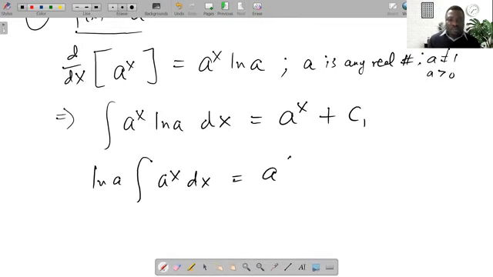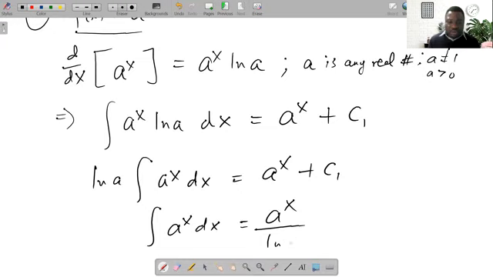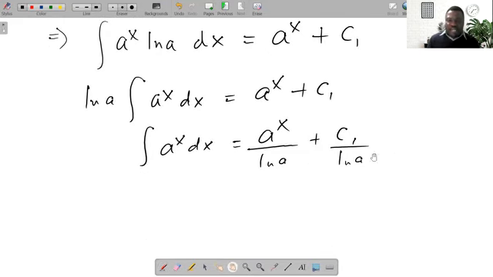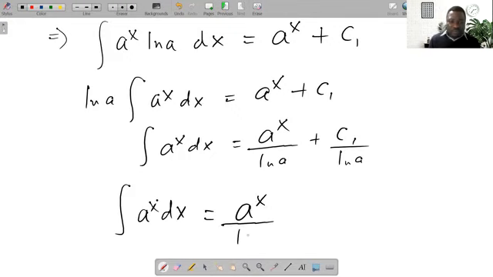And that gets to divide each side. So if I isolate the a to the x dx, I'm just going to be dividing by natural log of a on each side here. But because this side is going to give me a positive, I'm just going to represent it with some positive constant. So something like this.